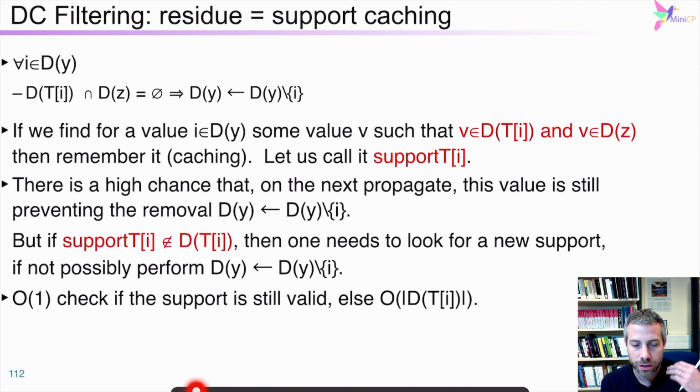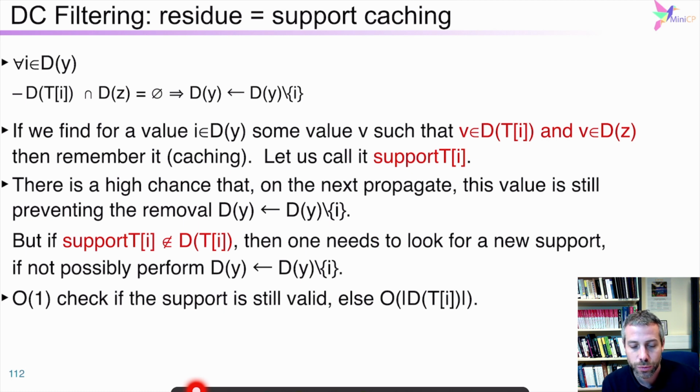The idea by doing this caching is that hopefully the next time that you will call propagate, this value will still be part of both domains, and so the intersection will still not be empty, and we will not be able to remove it. So we will spare a lot of computation if the intersection is not empty, and we can verify that in constant time. But in the case the support is not part of the domain of Z, then we need to look if the intersection is really empty.